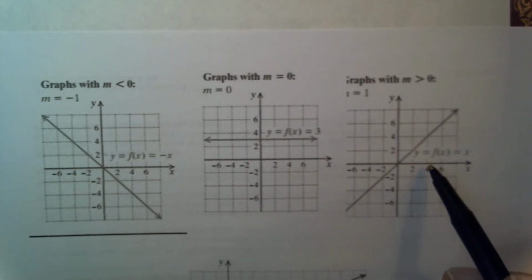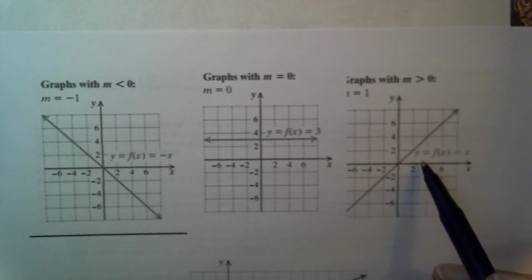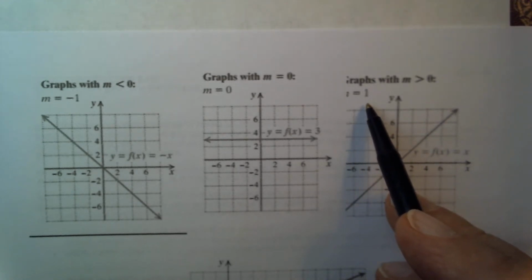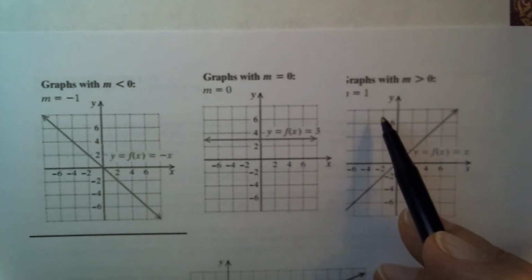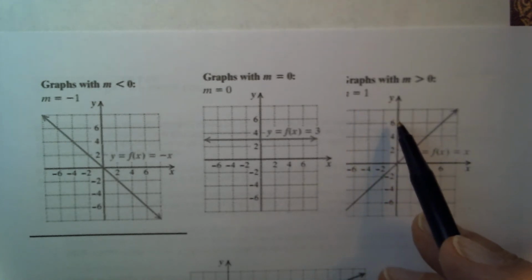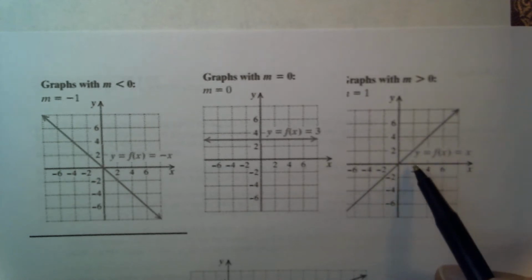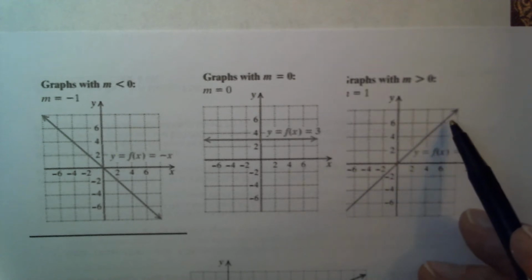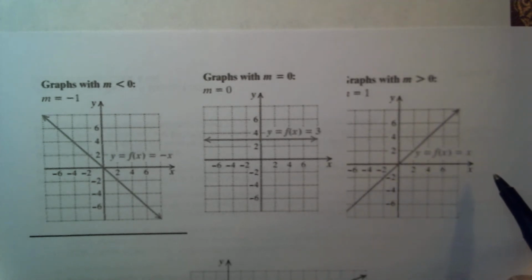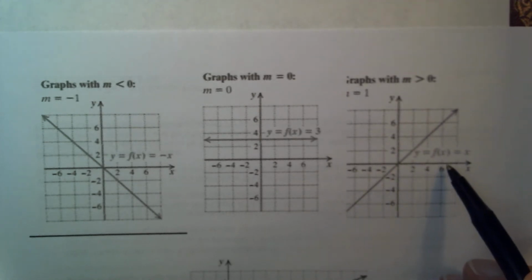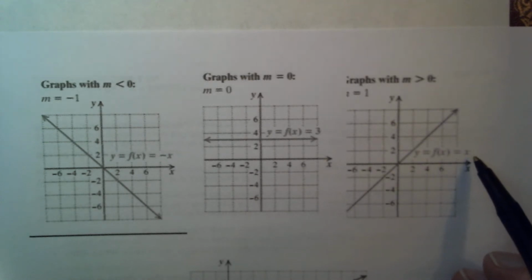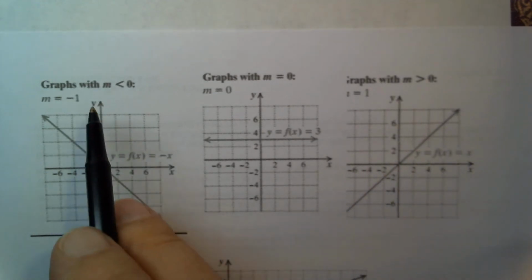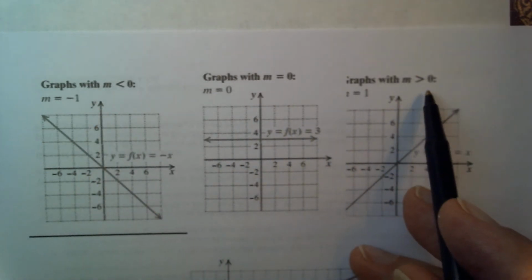And in the other example, here's the slope equal to 1, so it's greater than 0, and here's a line that rises from left to right. That would be a positive slope. In this example, f of x equals x, but that's what a positive slope looks like. So we can have negative slope, 0 slope, and positive slope.